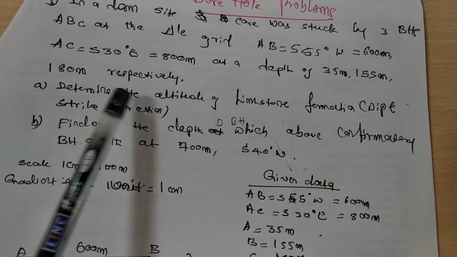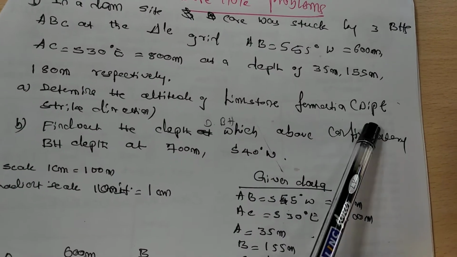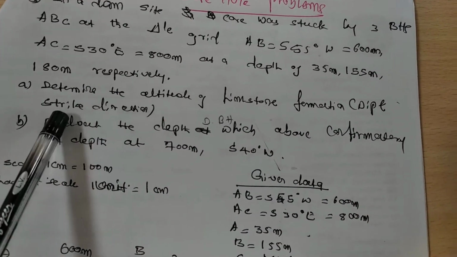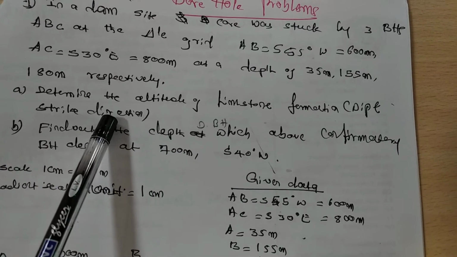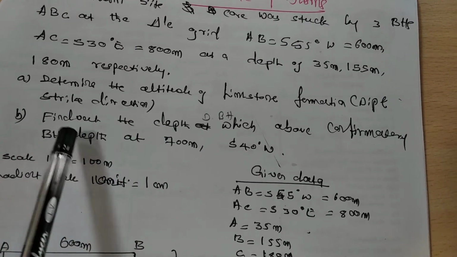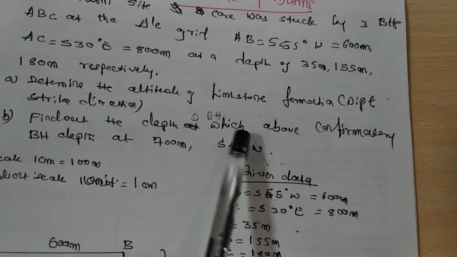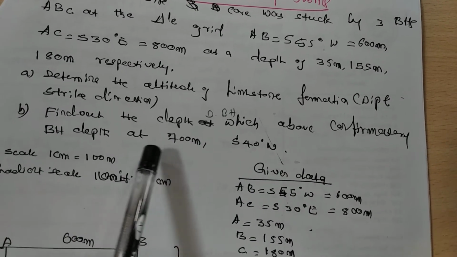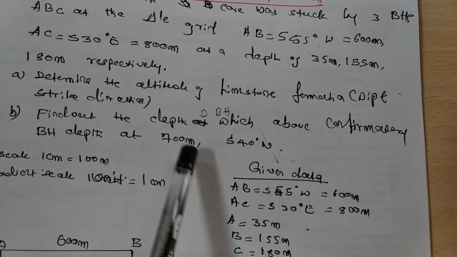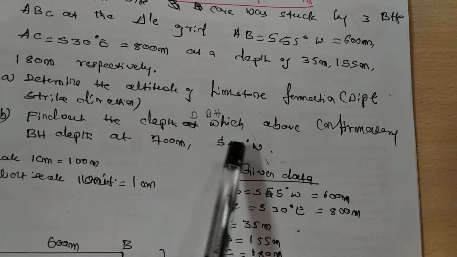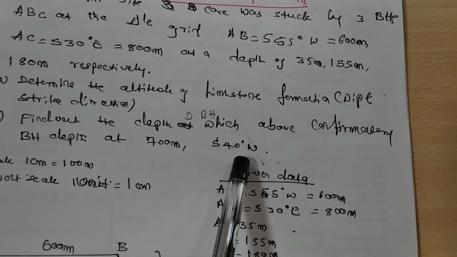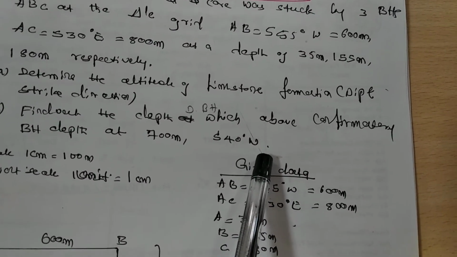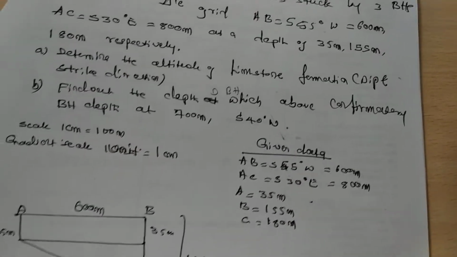You need to determine the attitude of the limestone formation, especially the dip and strike direction. The second question is to find the depth of a confirmatory borehole D at a distance of 700 meters, south 40 degree west. What is the depth of this borehole D?